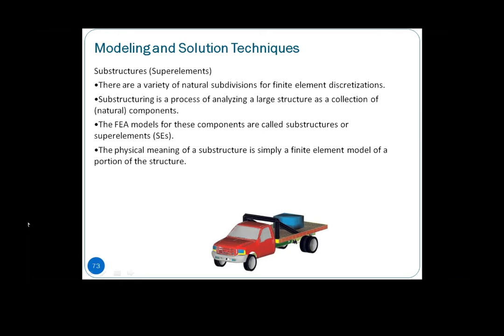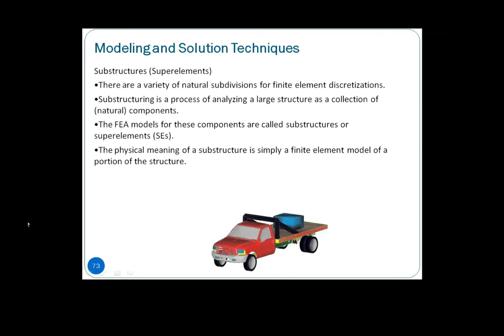Substructuring is a process of analyzing a large structure as a collection of components. You can split them into components and analyze them rather than the entire full assembly or full complex structure, a large model.